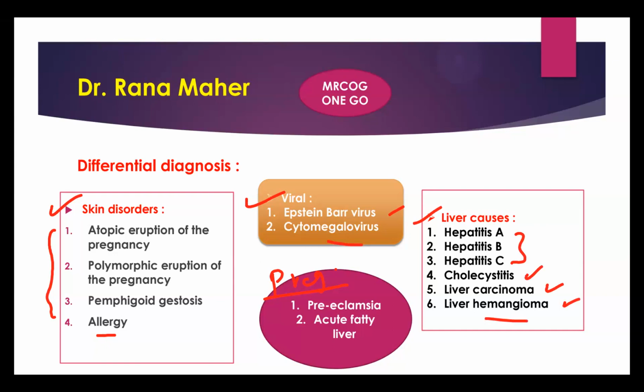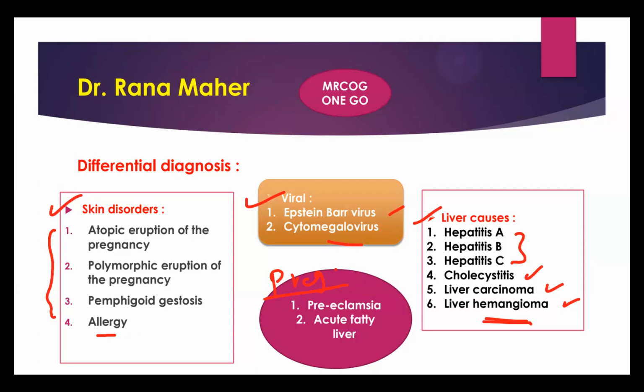For the liver hemangioma, usually, guys, we will discover it accidentally in a good number of the population. During pregnancy, some of the women will have the hemangioma, and it's asymptomatic. With the pregnancy and the stress of the pregnancy on the body, it will start to be symptomatic in the form of deranged liver function.